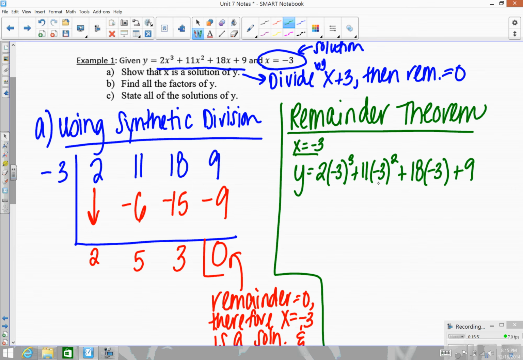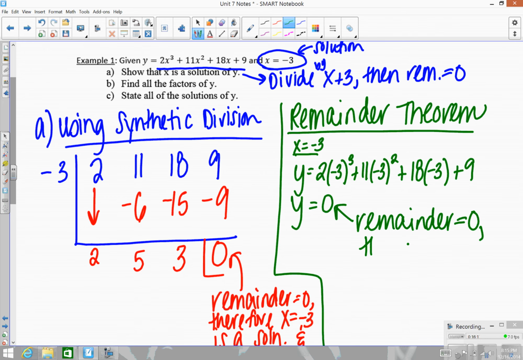Anything that's a negative being squared has to become positive. So when you do this, you end up with y equals 0. That means that the remainder equals 0.